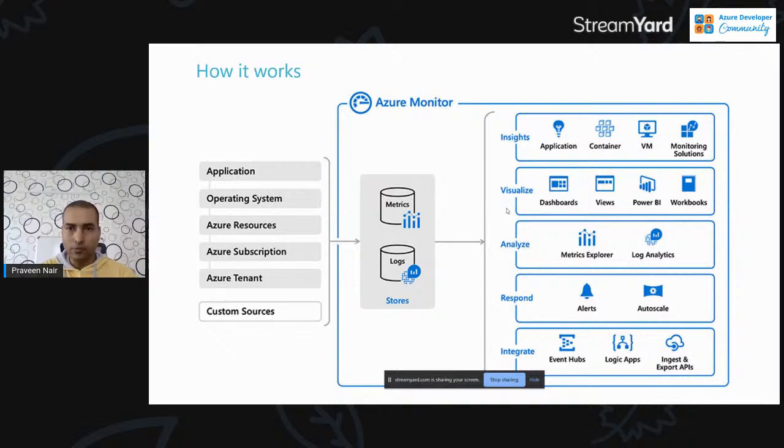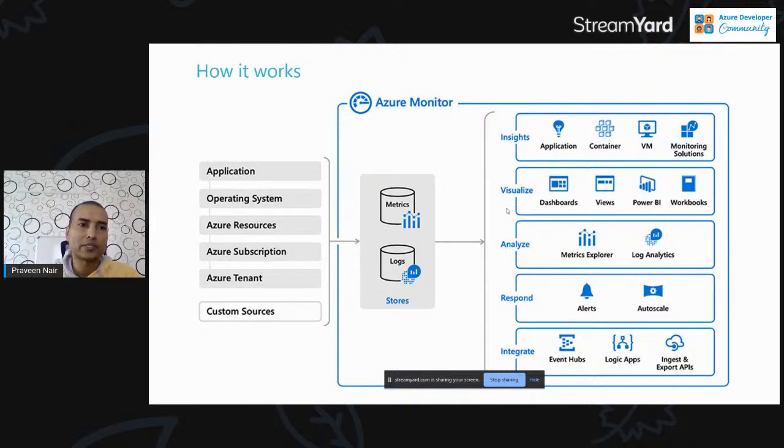Now this is a full diagram of the full structure of Azure Monitor. On the left side you can see the applications which we have already covered. Then comes the infrastructure where our operating system is there, and it's not a complete diagram. I would say it mentions the major components only.